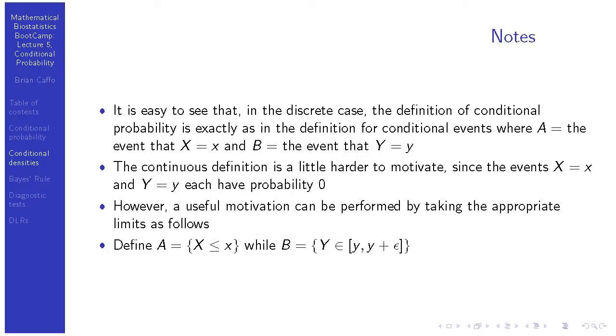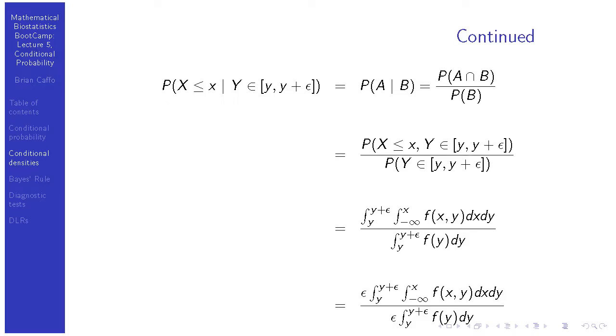That would just follow from our standard definition. So actually, let's formulate this. The probability of A given B is the probability of X being less than or equal to little x, given that Y is in the set y to y plus epsilon. And in this case, nothing has probability 0. We can just directly apply the probabilistic formula. And I don't think this is terribly important for this class.